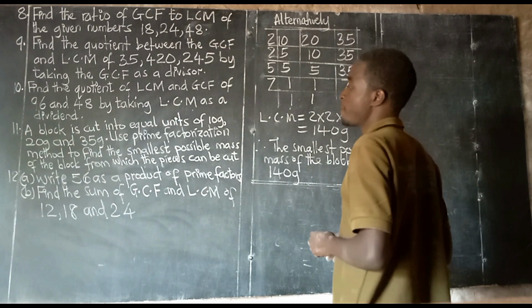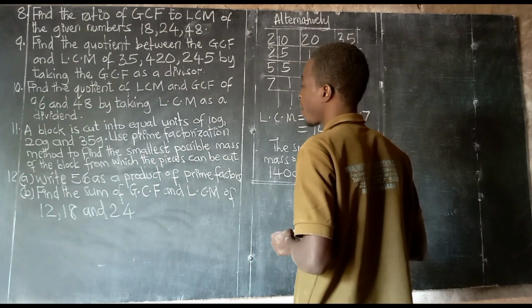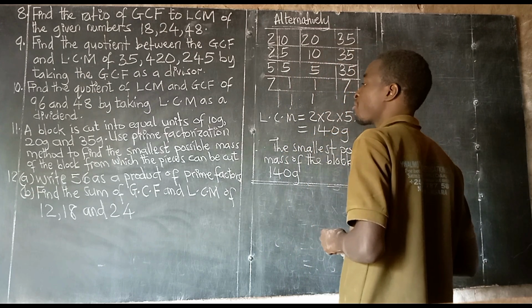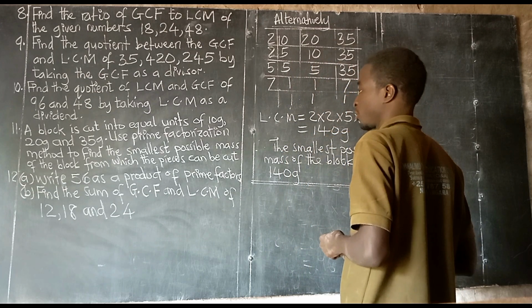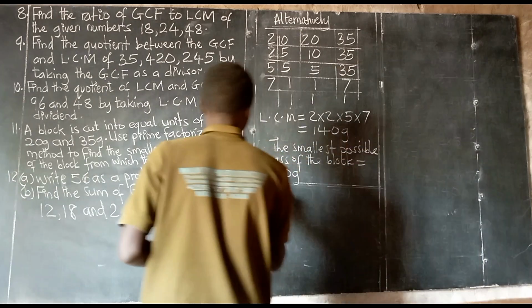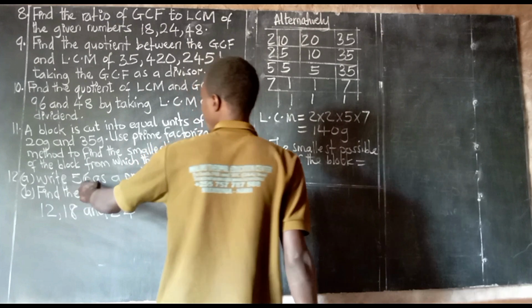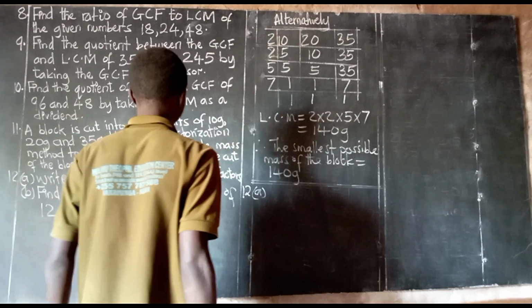B, find the sum of GCF and LCM of 12, 18, and 24. Let us see the solution. Number 12A is to write 56 as a product of prime factors.